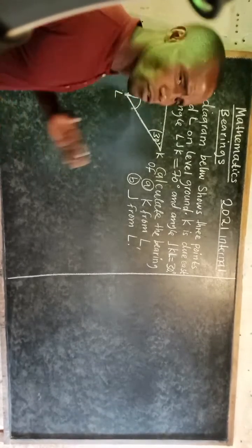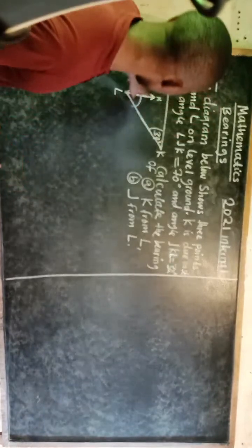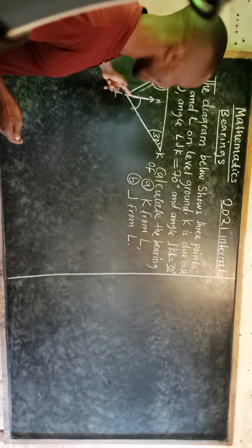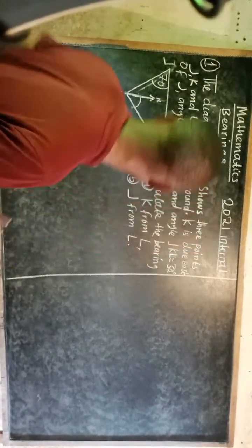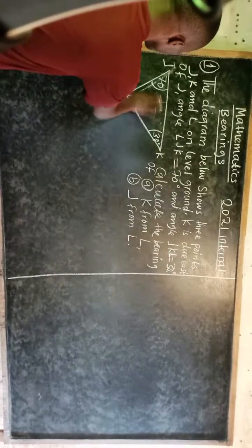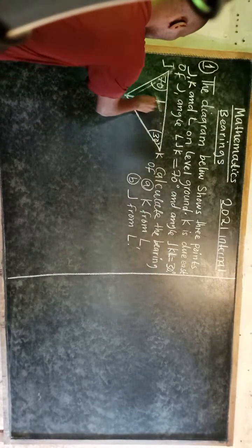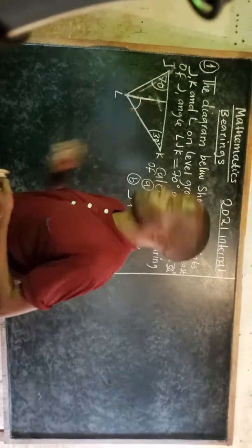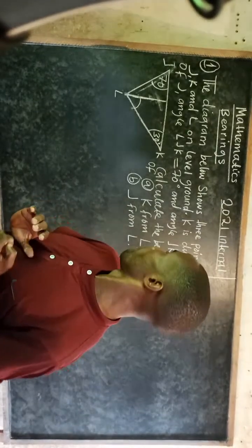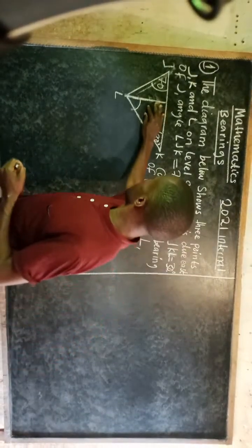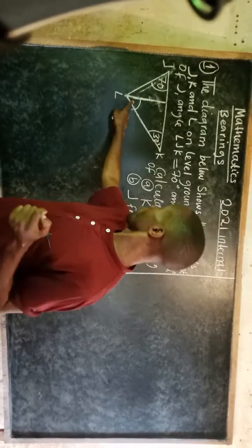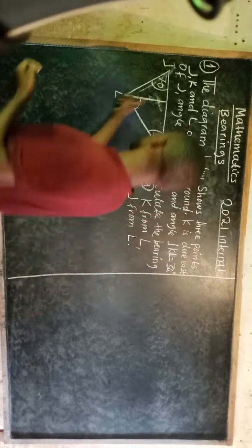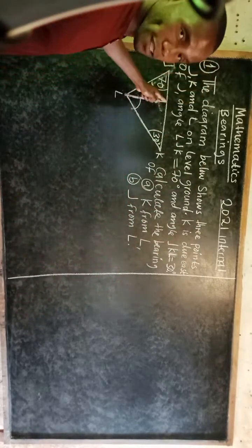So let us extend this north, the vertical line, the straight line, so that we come up with two triangles. We extend it like this. You have seen there now we have two triangles, this one and this one. Our area of concentration is just this angle, because that is where the missing angle is, the one that you are looking for. Now, when you make this line, you have seen this is a straight line, which is 180.